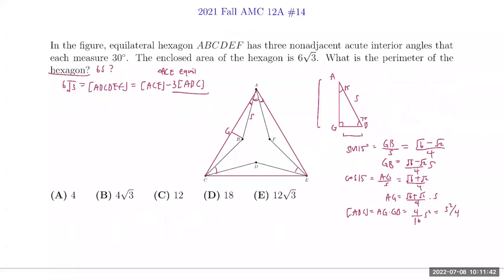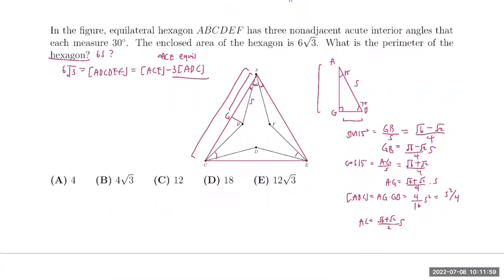Let's try to find the side length of the equilateral triangle. Since AG is √6 plus √2 over 4 times S, then AC is just 2 times that, giving us AC is √6 plus √2 over 2 S. The area of the triangle ACE will then be √6 plus √2 over 2 S, squared, times √3 over 4.